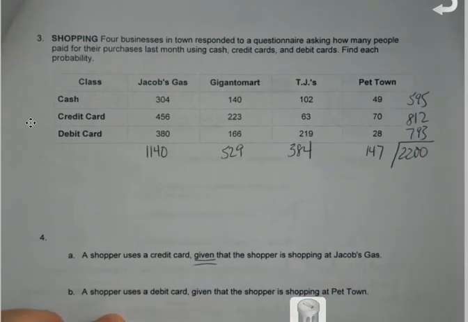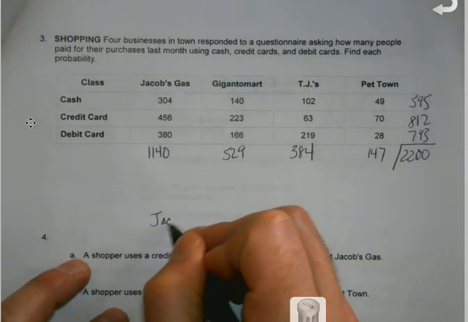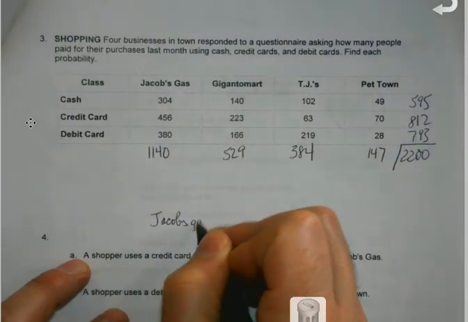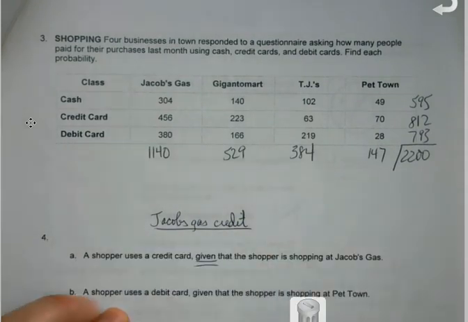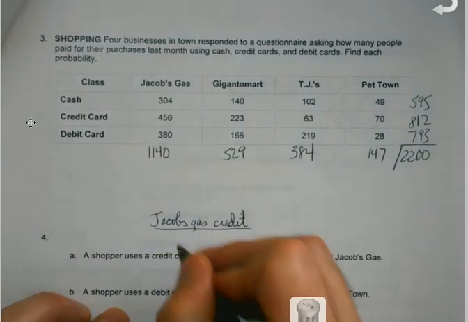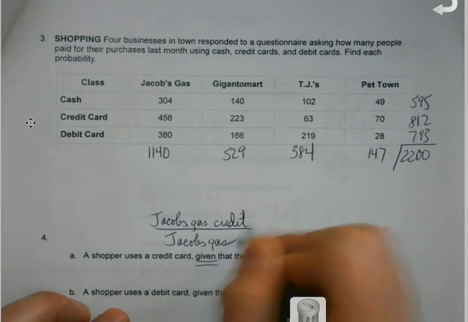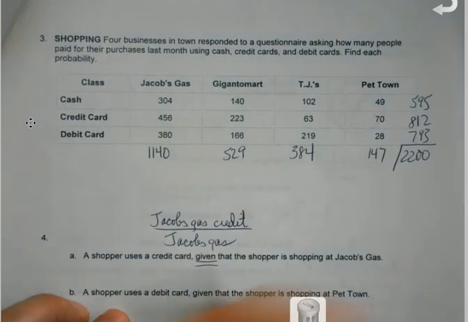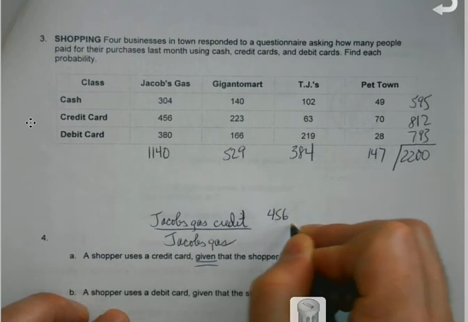Let's see here. Shopper uses a credit card given they're shopping at Jacob's Gas. All right. So Jacob's Gas credit customer over just a plain old Jacob's Gas customer. Credit card Jacob's, 456.